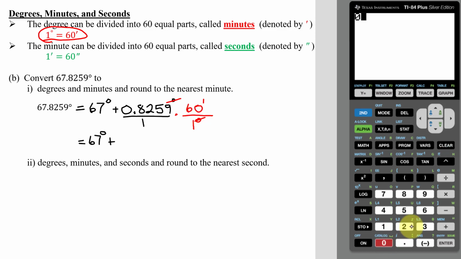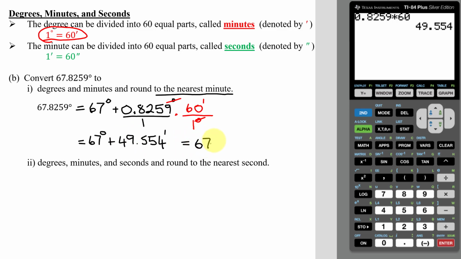So 0.8259 times 60 gives 49.554 minutes. And if I need to round to the nearest minute, this 5 is going to round that 9 up, which is going to round that 4 up. So I'm going to get 67 degrees and 50 minutes.